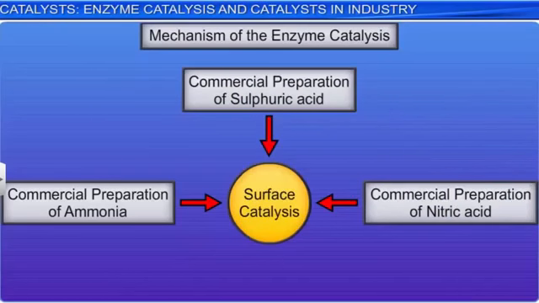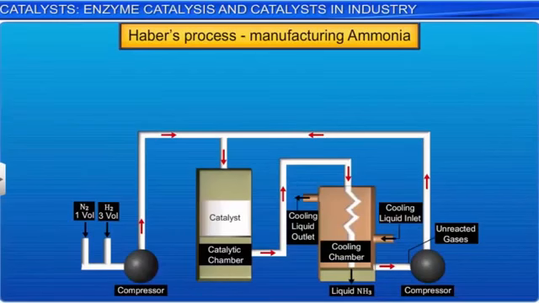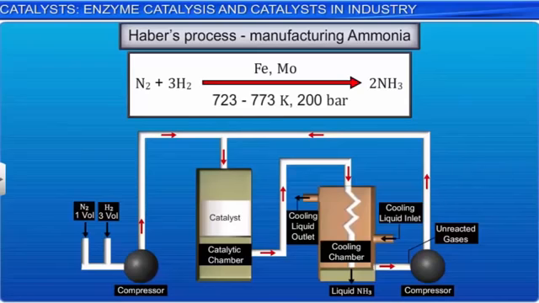Haber's process for the manufacture of ammonia uses iron as a catalyst and molybdenum as promoter. To strike a balance between the quantity and quality of the product, the process is carried out at 723 to 773 Kelvin temperature and 200 bar pressure.